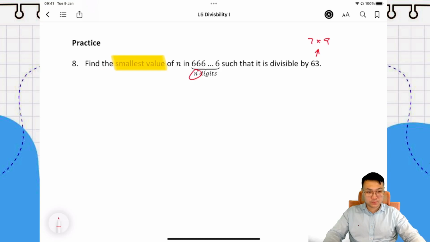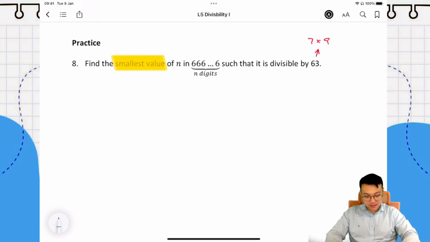Matthew, tell me. If I want it to be divisible by 7, just don't think about 9. Just 7. How many 6s do I need? What do you think, Matthew? Every block of 6 digits is divisible by 7.